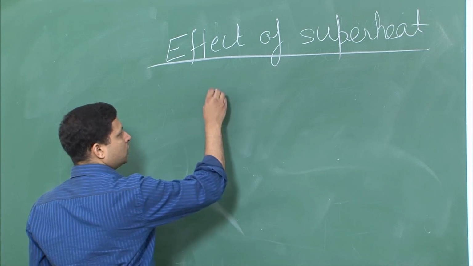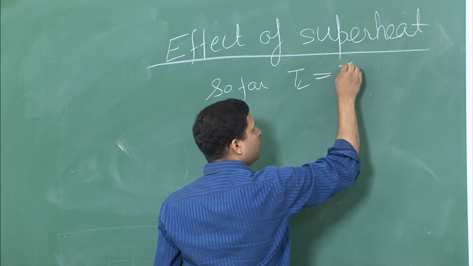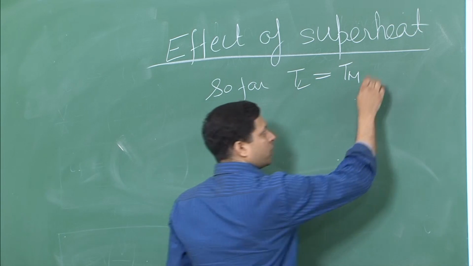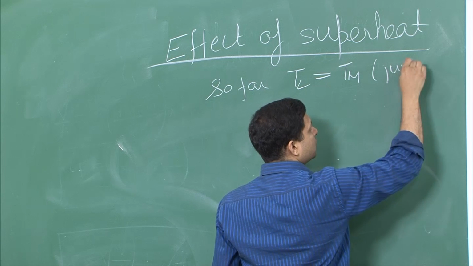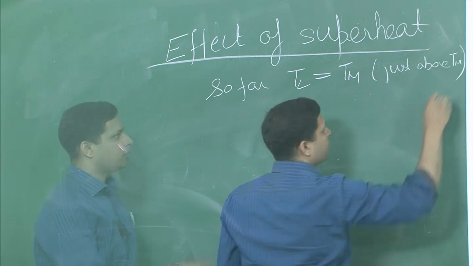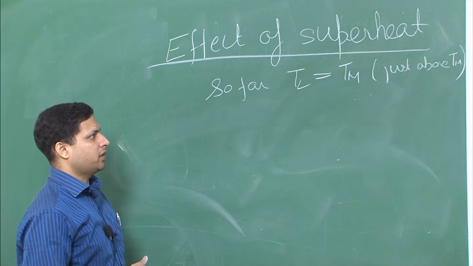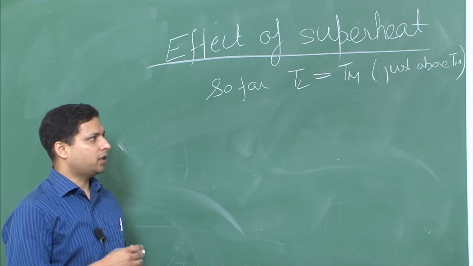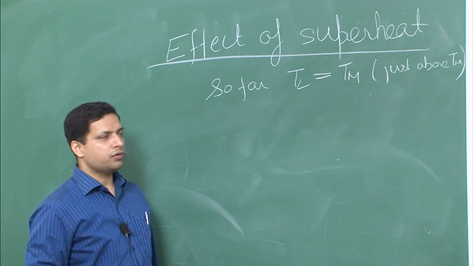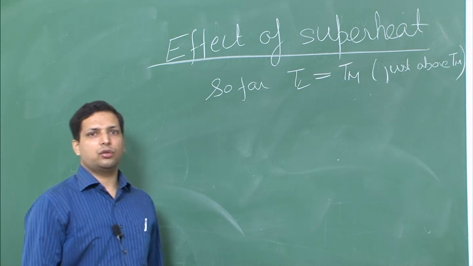So far we have assumed that TL is equal to Tm, meaning the temperature of liquid was equal to Tm, or maybe just above Tm, because we want the liquid to be in liquid state. But that is not always true. And what is different? We will have to look at that, and we will continue with this discussion in the next class. What is the effect of superheat? Because we don't always have the condition that T will be equal to Tm. So I will come back to this in the next class.